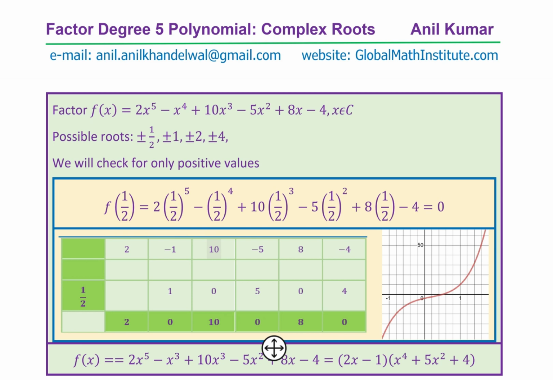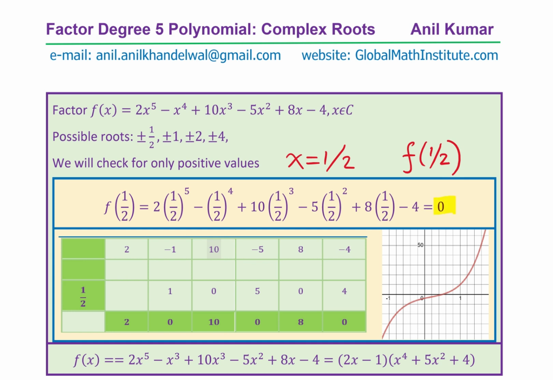So what are we going to do? We are going to substitute x equals half in the function f of x. So we'll try to find f of half, that is f when x equals half. Substituting x equals half in the equation and calculating, we get 0.